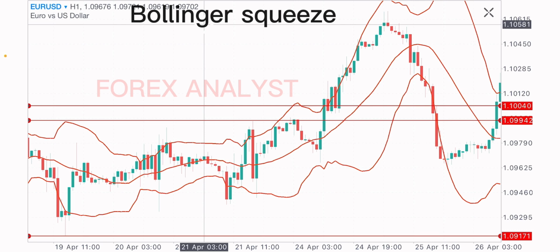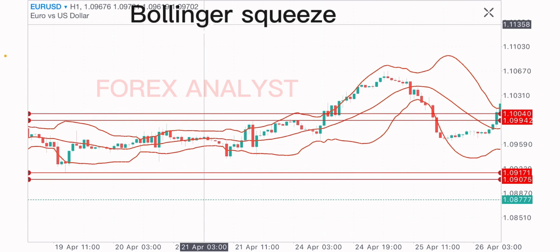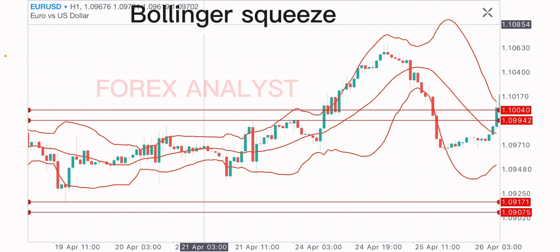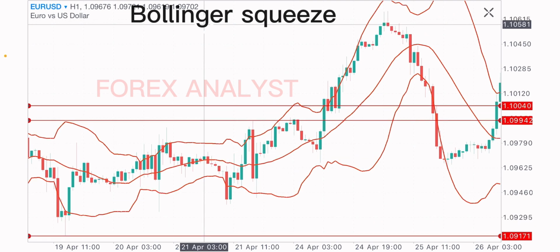Once the market hits that point where we either subtracted or added 10 pips, then the breakout has already happened, and we can now buy or sell our market. That's how to use bollinger squeeze to trade. When the market hits either the lower point or the highest point after adding 10 pips or subtracting 10 pips from the lowest point, that is where we buy or sell.